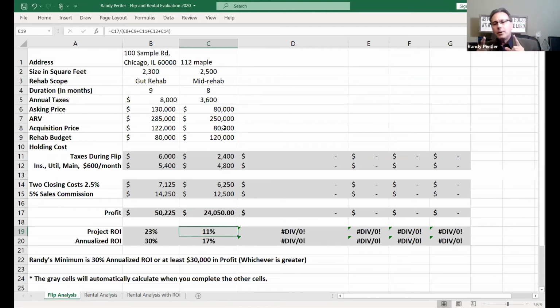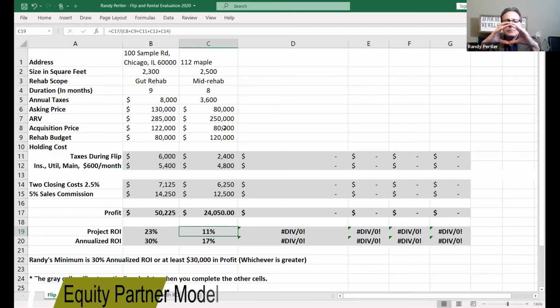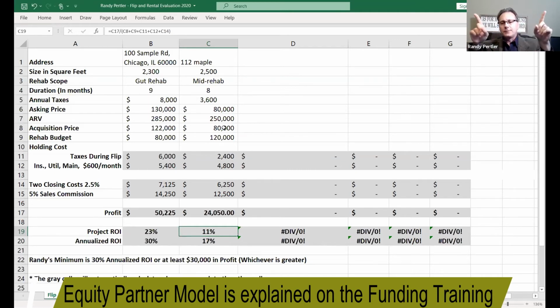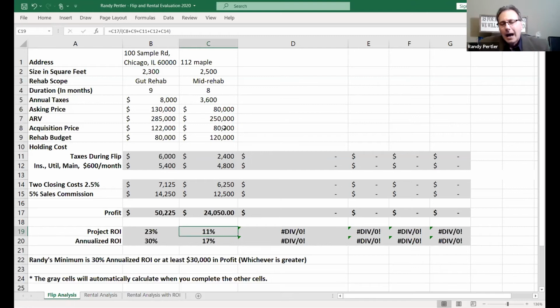And you remember my little pie chart where I had the equity partnership model? I had that they're providing 100% of the money. I'm doing 100% of the work, knowledge, and experience. We're splitting the profit 50-50, right? In my criteria, I have down here 30%.